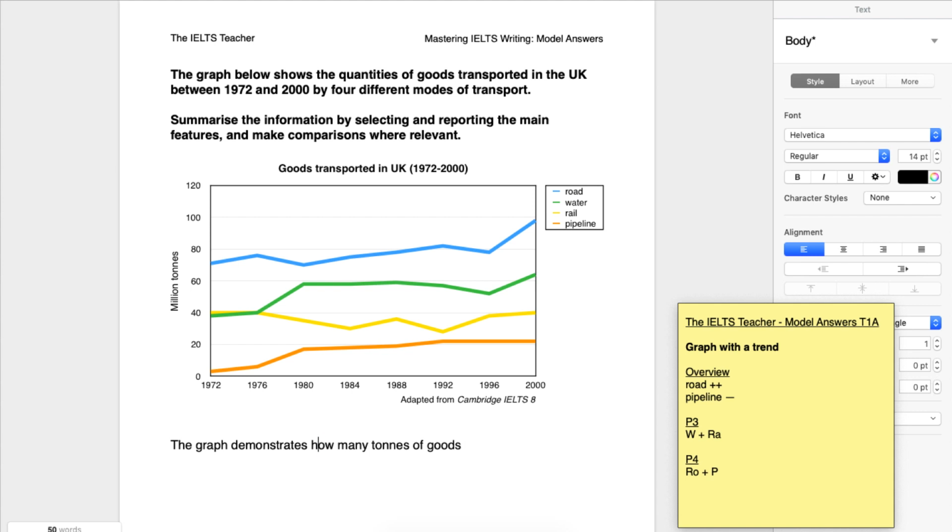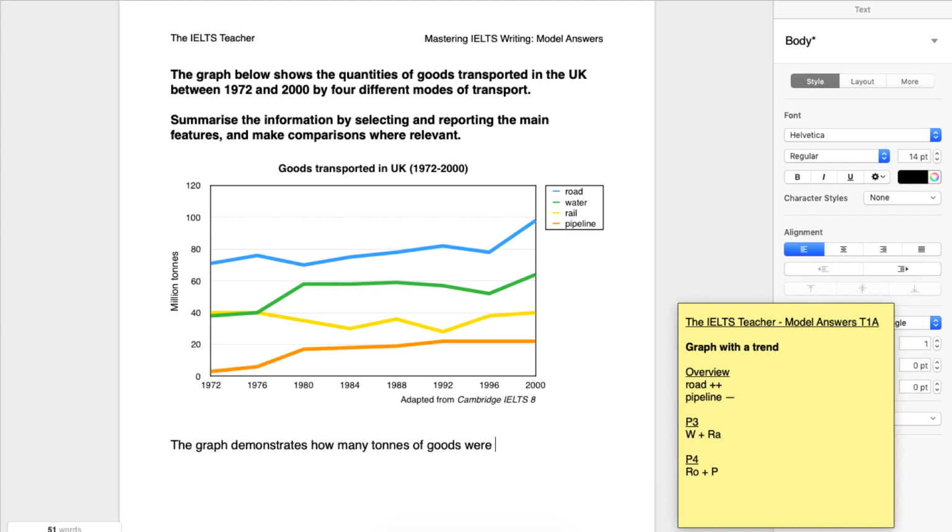Now when you use how much, how many, you do not use a relative pronoun. You do not use which. You say the number of tons of goods which were, or how many tons of goods were. And then you move to the transported. So should we use the same word here? Yes, I think we will. Transported does have synonyms, but they are not always perfect.